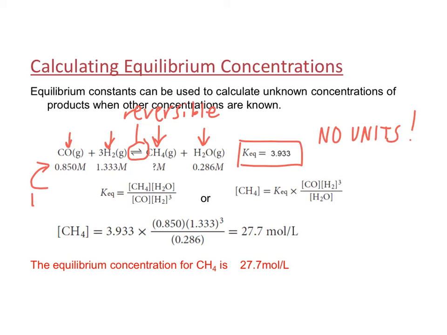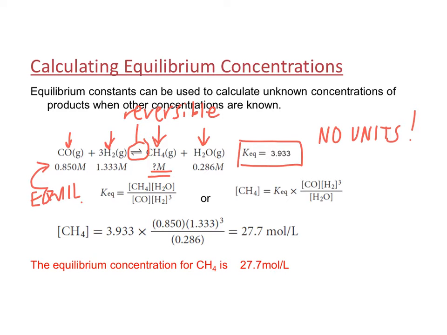So these are all equilibrium concentrations. And they're asking us to find the equilibrium concentration of methane given the values of all the other equilibrium concentrations that are present. So we write the equilibrium constant expression.